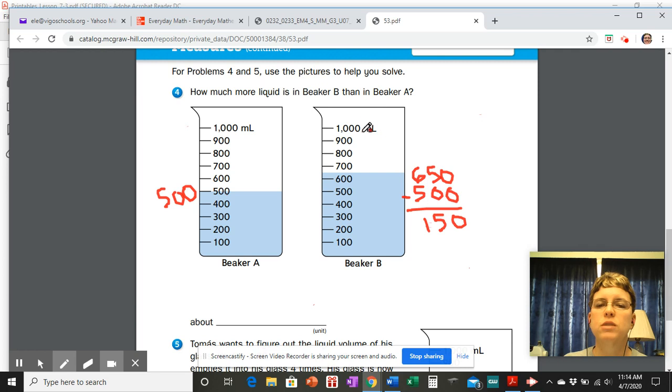And you notice up here where it says milliliters, that's what we measure some liquids in. And so when we put our answer down here, 150, and then I'm going to put a little m and a big L for milliliters.